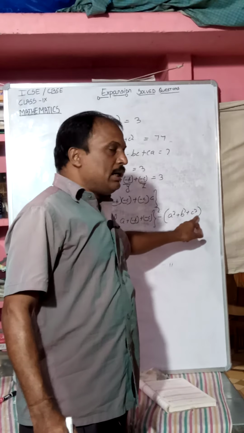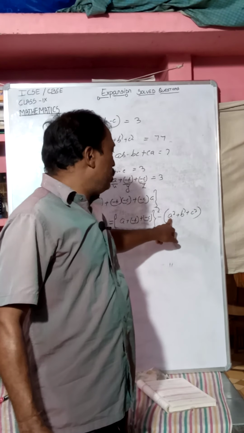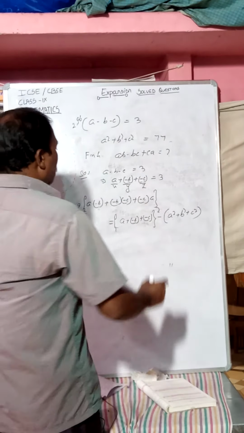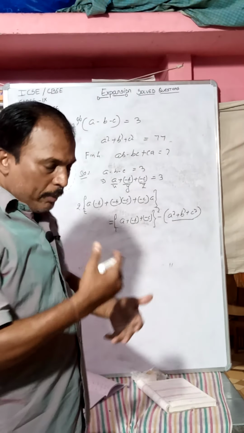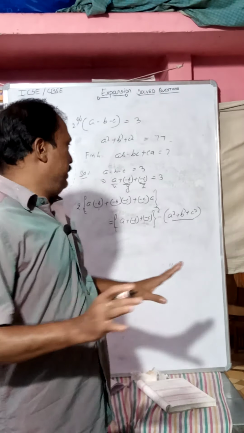A square, B square, C square: minus B whole square gives plus B square, minus A whole square gives plus A square, minus C whole square gives plus C square. So it is unchanged. Whenever A, B and C, whatever it may be, minus, A² + B² + C² doesn't change.